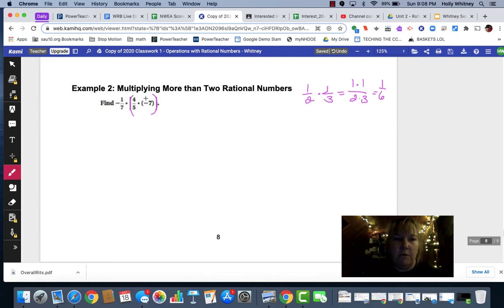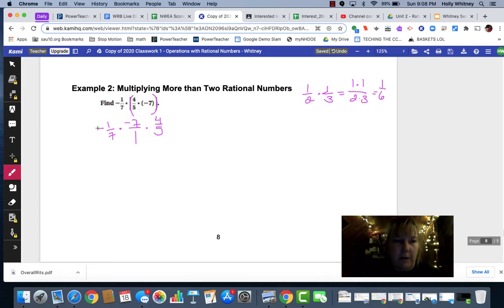I'm going to move this 1/7 and -7 so that they're together. It's going to make my math a whole lot easier. So I have -1/7 times -7/1 times 4/5. I was allowed to move it over because multiplication is commutative.